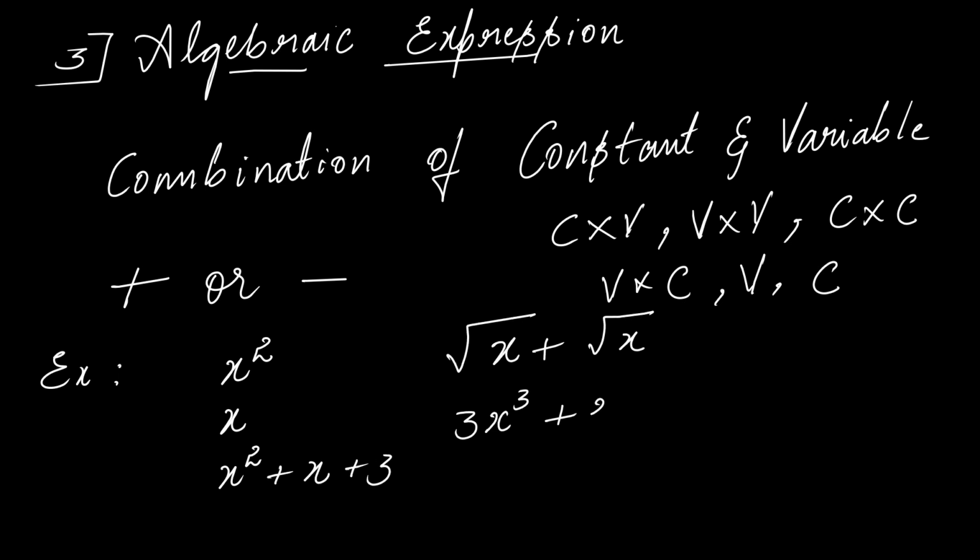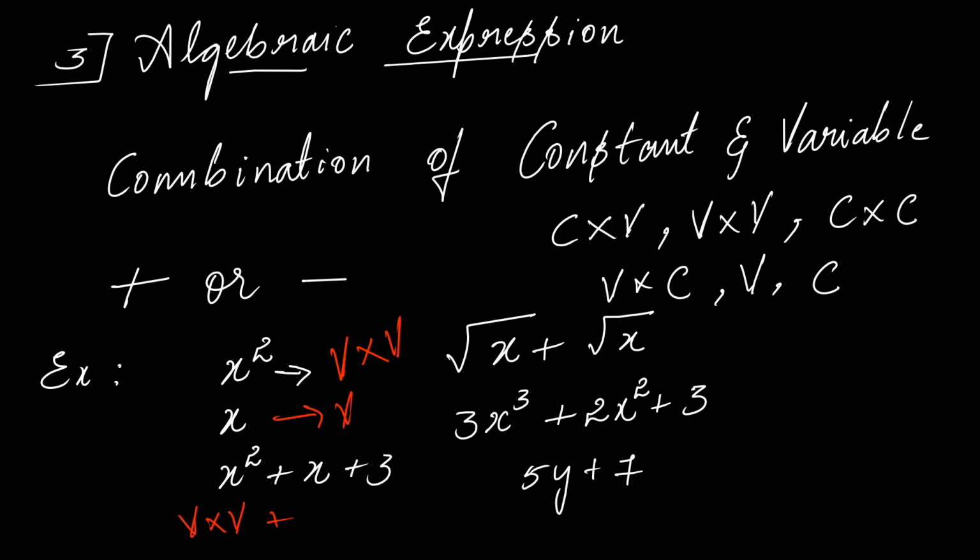For example here, x square. So x square is an algebraic expression. So here x square means variable into variable. This is variable into variable plus constant. So this is how an algebraic expression is.